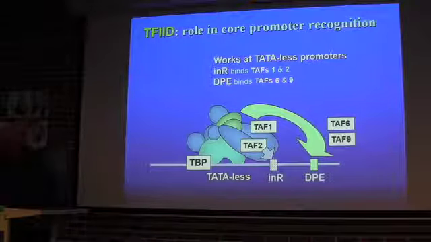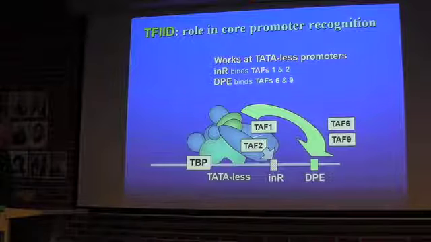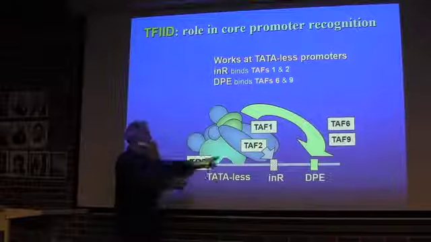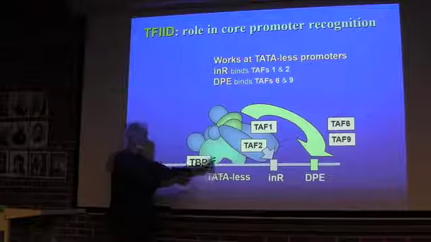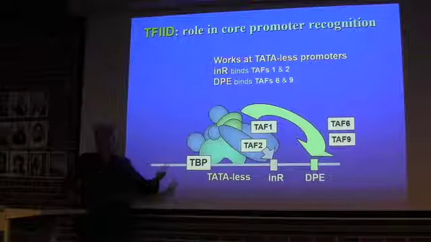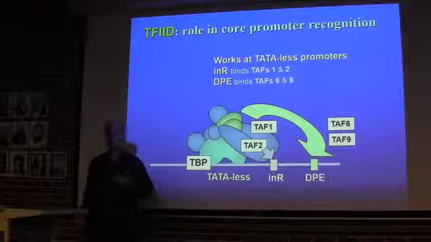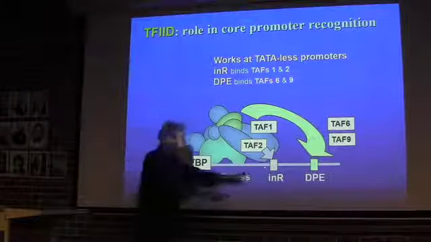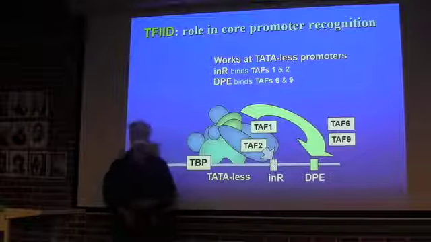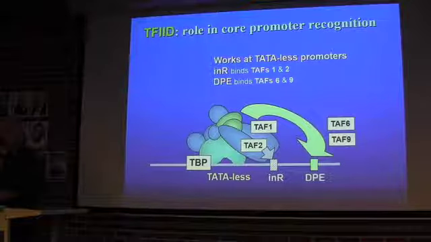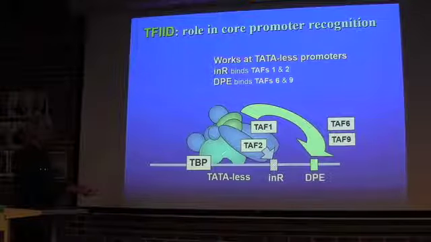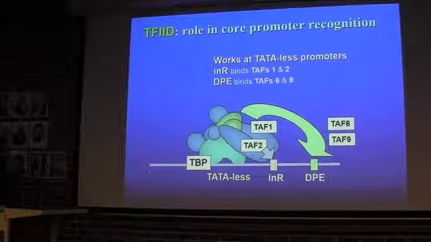So the first function: TFIID recognizes components of the core promoter. And here you see, we know that TBP, if there is a TATA, will be recognizing it. But let's assume there's no TATA, because that's how most of them are. How does it know it's at a promoter? Well, these other elements, the downstream promoter element and the initiator region, are recognized by specific groups of TAFs.